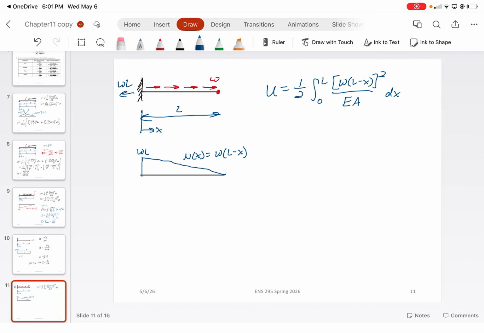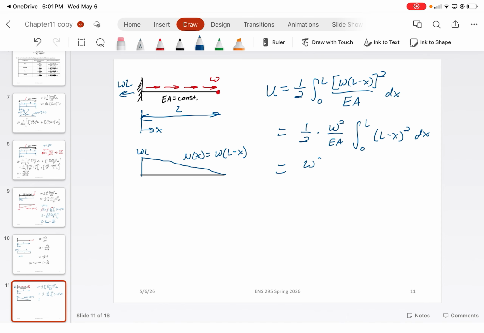All right. From here, it goes to 1/2 times W squared over EA times the integral from 0 to L of (L minus x) squared dx. Let me write EA equals constant there, just so that way it's defined.